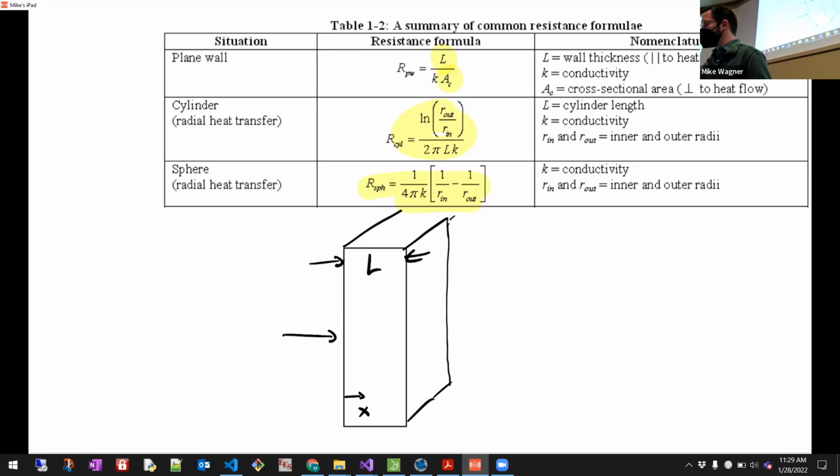So this length L is how far you have to go. Sometimes people call it thickness, so you would say thickness over K AC, L over K AC is the same thing. And then what is AC? Well, AC is the area that's available for heat flow. So in this problem, this plane would be AC. Make sure you sort those out when you're applying it. I think the other ones are relatively straightforward.